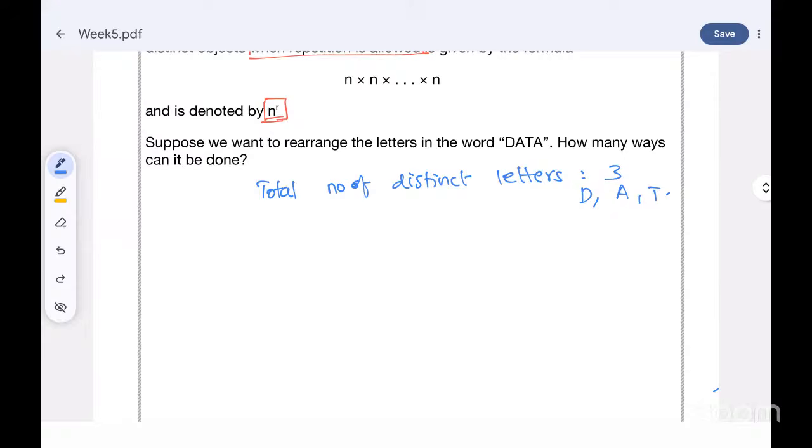So what can be the possible answer? How many ways can it be done? 4 to the power 3? You have to think carefully. Think again.